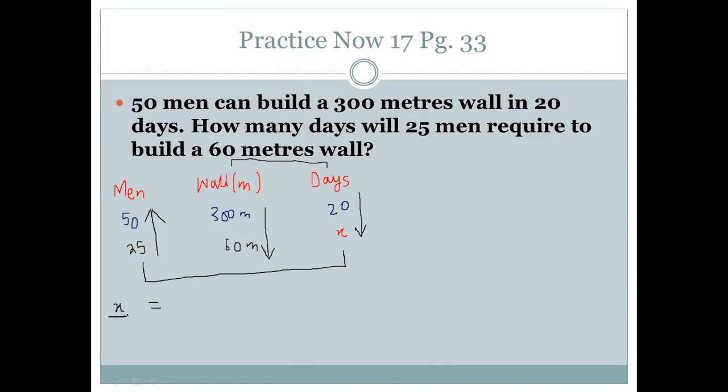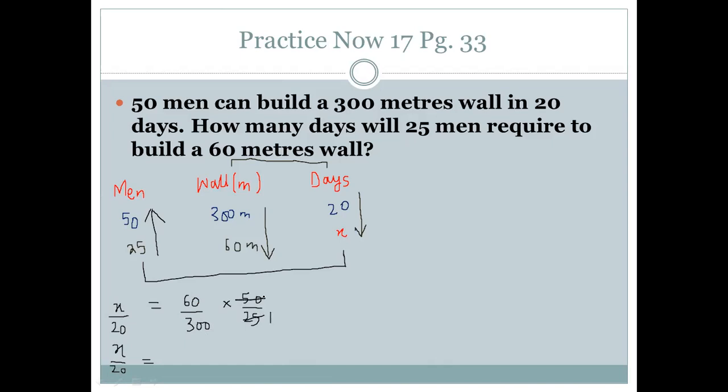The unknown days, x upon 20, with the unknown in the numerator, and the denominator will have another value. x upon 20 equal to 60 will come in the numerator because it has its arrowhead, upon 300, multiplied by 50 divided by 25.